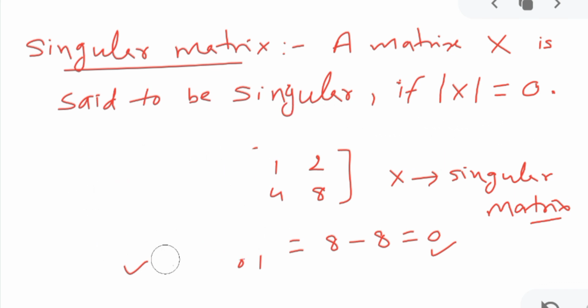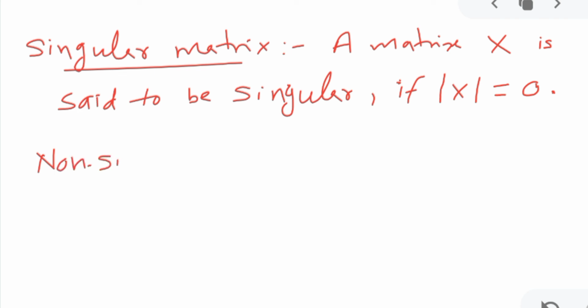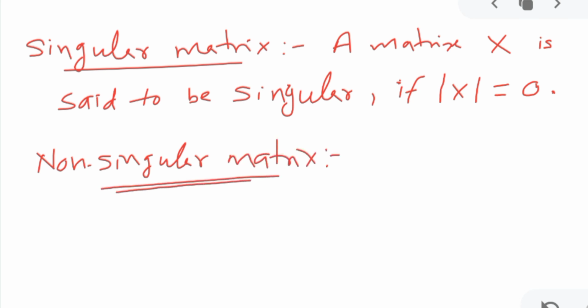In the same way, we can remember one more definition, that is called non-singular. Related to this, that's why I am writing here only. Non-singular is the opposite of singular. In singular, the determinant value is 0. In non-singular, the determinant value will be non-zero. So you can write the definition in a simple way.